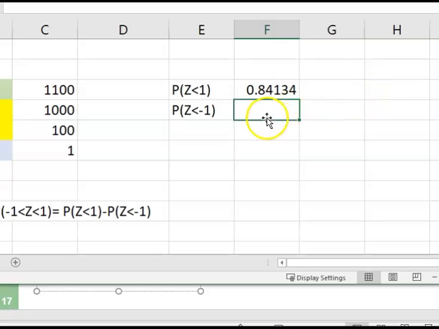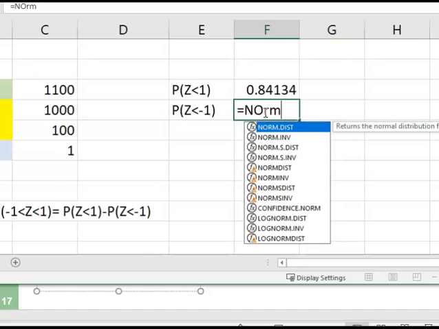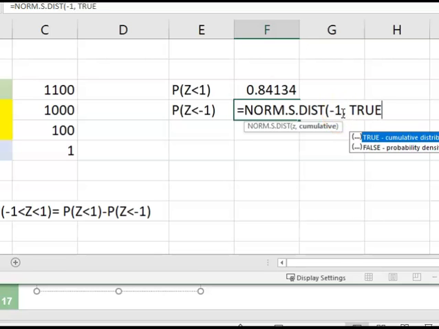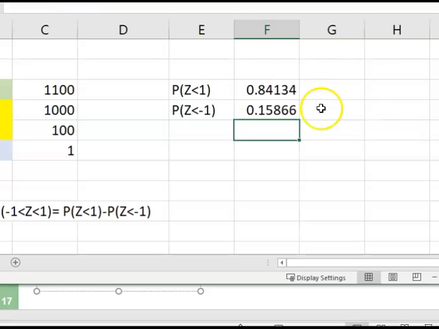Press enter. And for this one, it's the same, actually: norm.s.distribution of -1 and true. Okay.